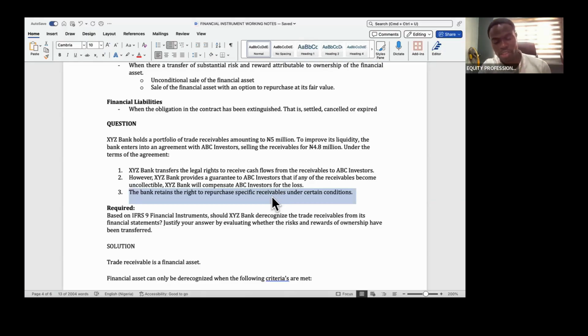If they are repurchasing it at fair value, then we can say, okay, they have really transferred risk and reward. If they are repurchasing it at a fixed price, we'll say no, they have not transferred risk and reward. So this third point is not even sufficient. But whatever it is, this one already tells us that we didn't meet the second condition.